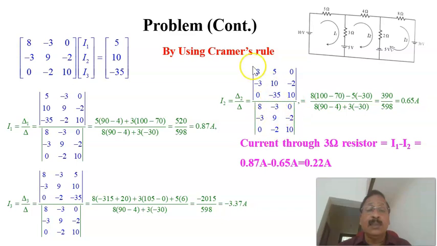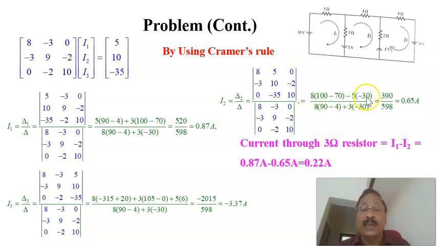Then again the same thing. We find the determinant delta 2 divided by delta and take the ratio, that is the current I2. Again we find the determinant: 8 into 10 into 10, 100, minus 70, then minus 5 into minus 30, then plus 0 into the rest, which will be 0.